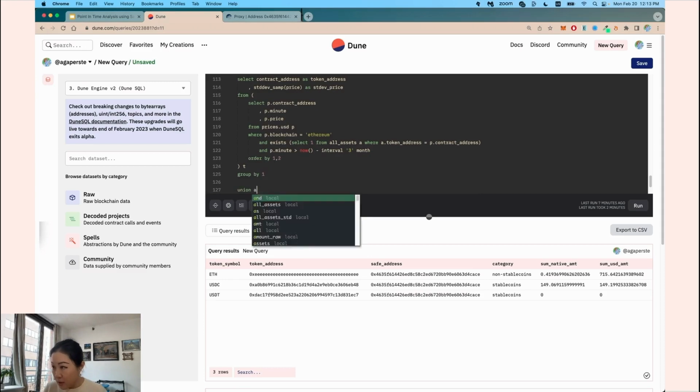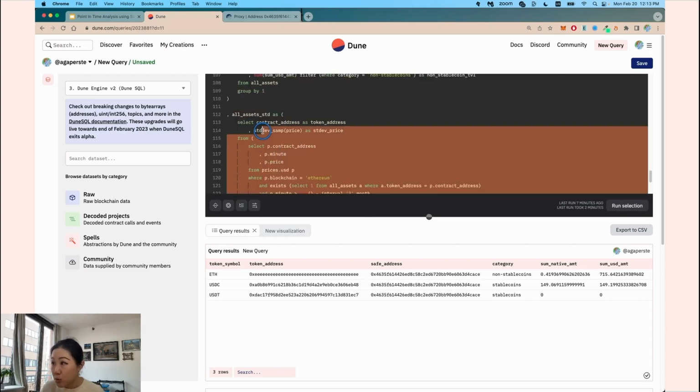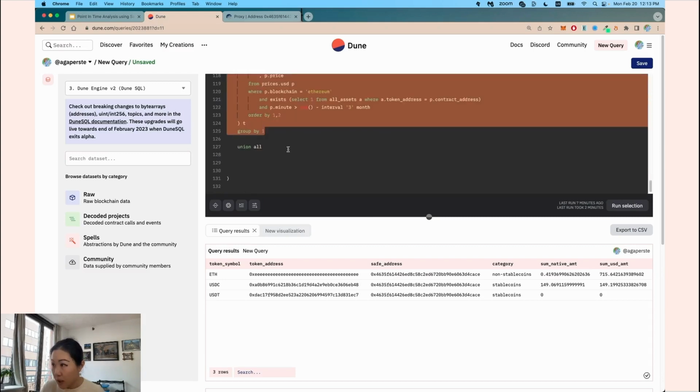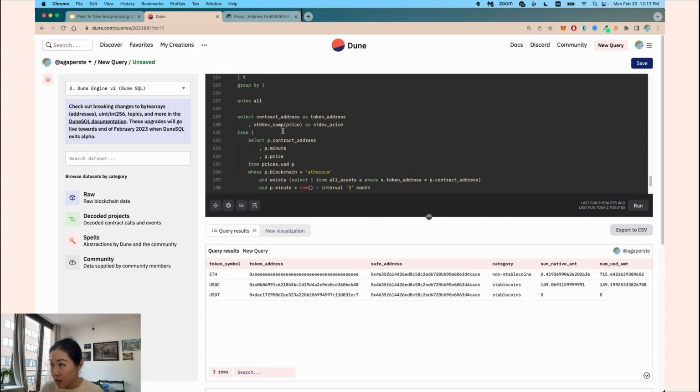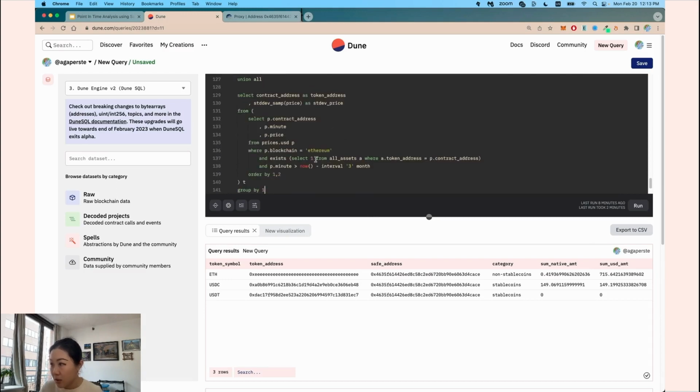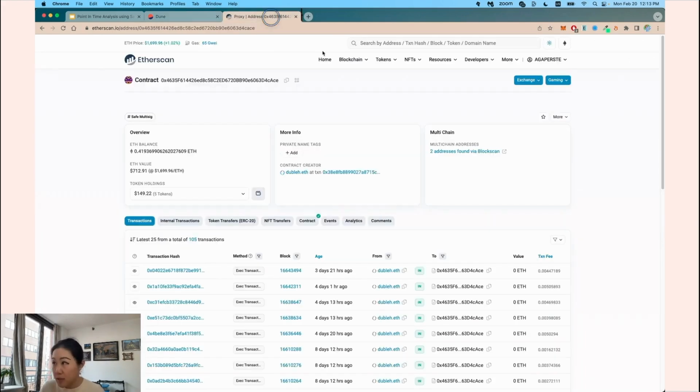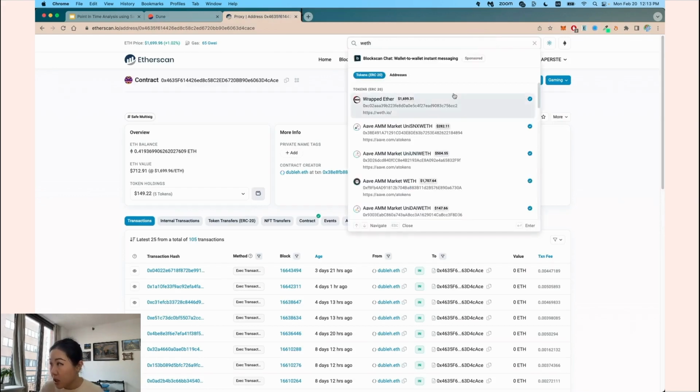Next up, we are going to do a union all and find our standard deviation for ETH. We're going to copy paste this block here and then paste it here. So here we know that we basically need the contract address to be the same as wrapped ETH, right? So we are going to find wrapped ETH.